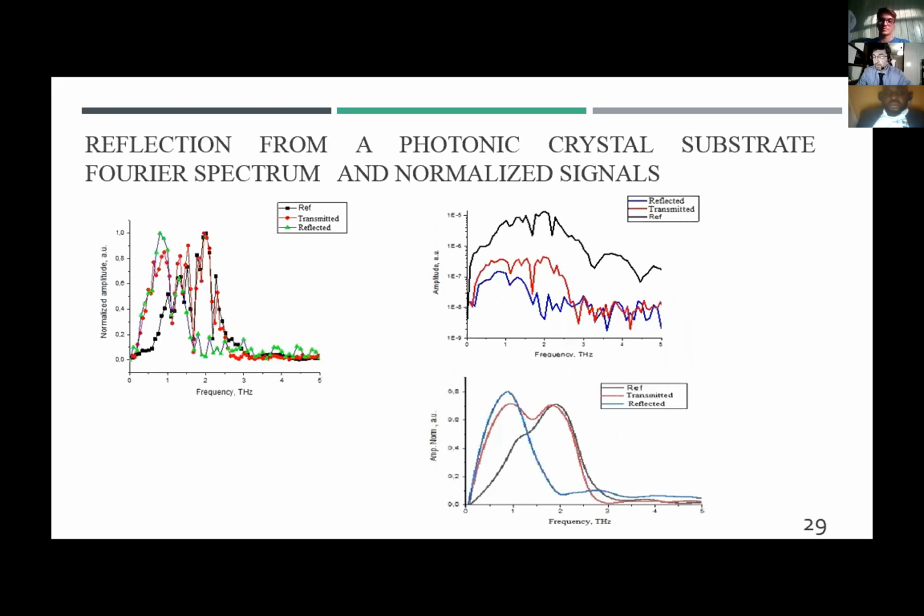So, here we see the results of our experiments. The red color is our induced terahertz light, which fell on the surface of a flat photonic crystal made from polystyrene microspheres with sizes of 200 micrometers. The blue color is the light reflected from the surface of the photonic crystal.